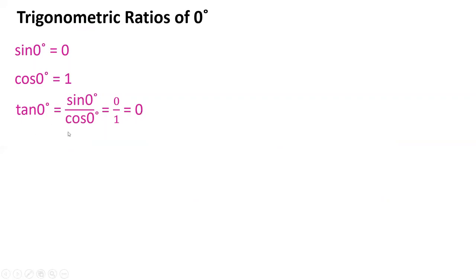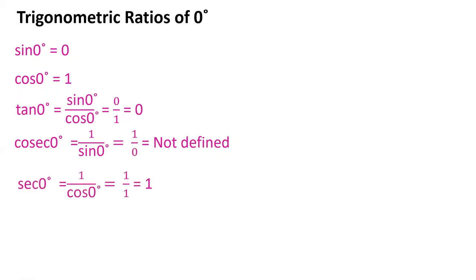So tan 0 degree comes as 0. See the cosec? Cosec 0 degree, which is equal to 1 by sine 0 degree, right? Which is equal to 1 by 0, because sine 0 is 0. So 1 by 0, it means that not defined. See the sec 0? Sec 0 degree, which is equal to 1 by cos 0 degree, which is equal to 1 by 1, which is equal to 1, right?